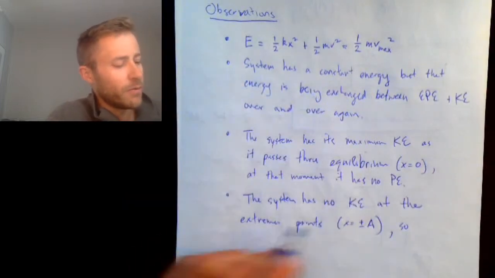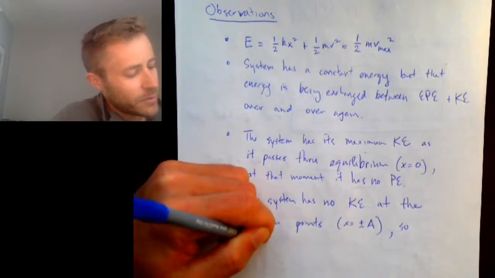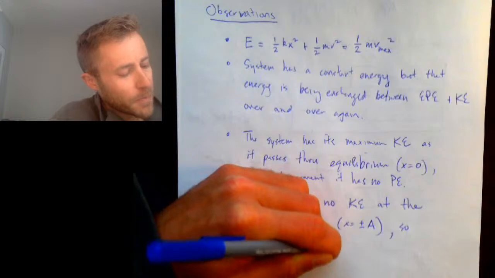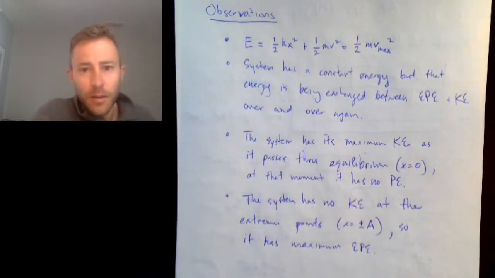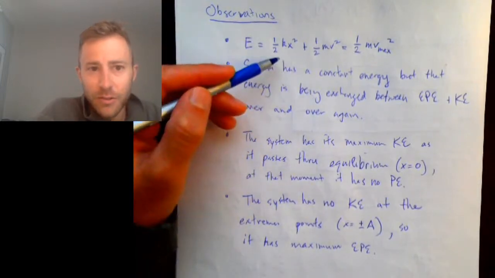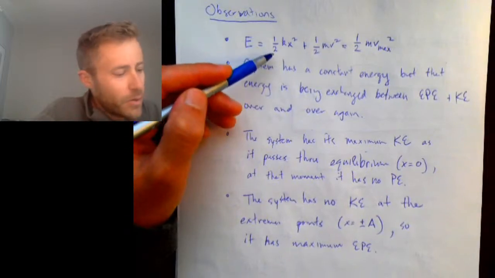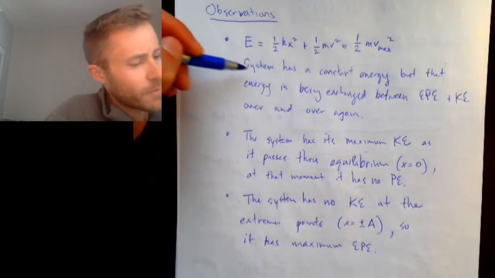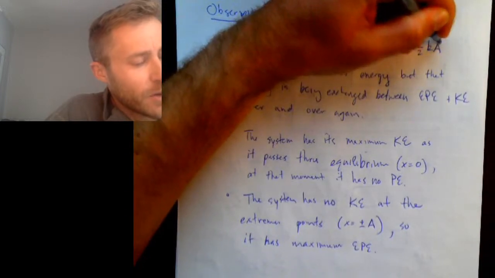So if you have no kinetic energy at the extreme points, it has maximum elastic potential energy. So we could also write, if we evaluated the energy at the extreme point, that the energy is 1/2 kA squared.